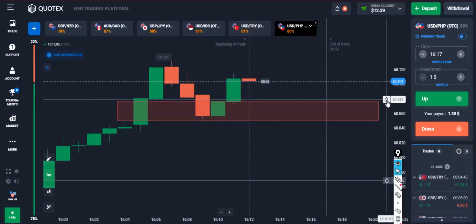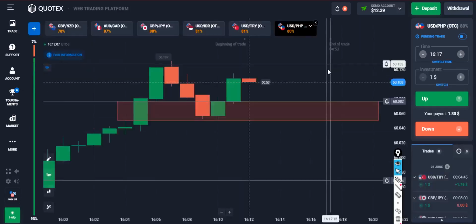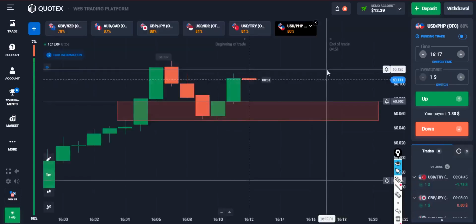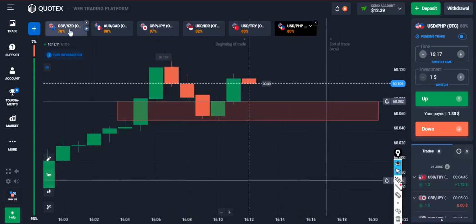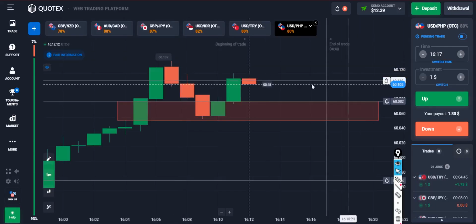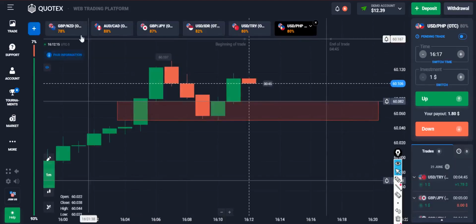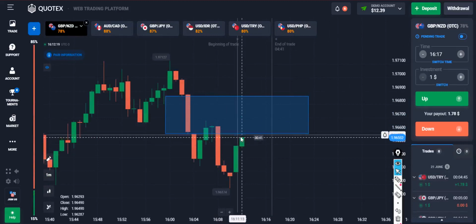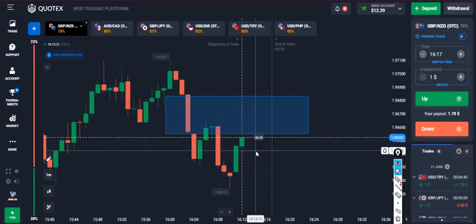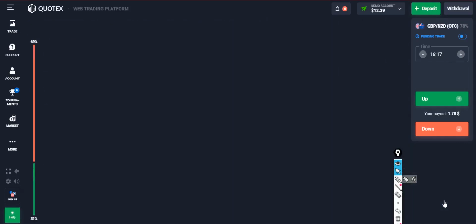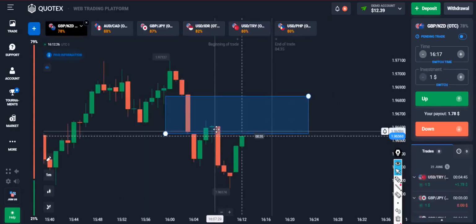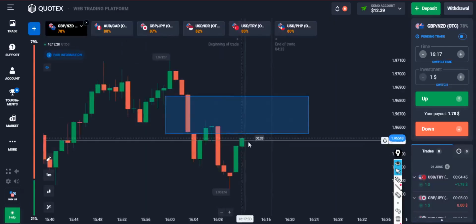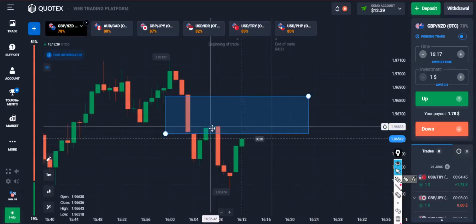Let's see if I would have taken that trade, if it would have ended in a win or loss. So we have USD TRY, GBP JPY, GBP. Okay, so we have lost this one because of this candle, I think.